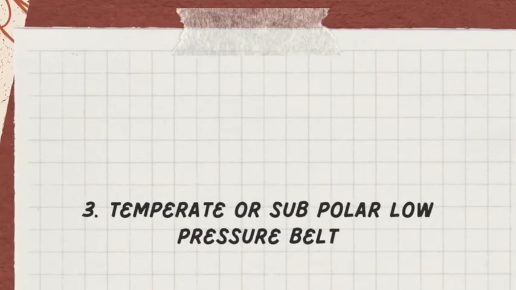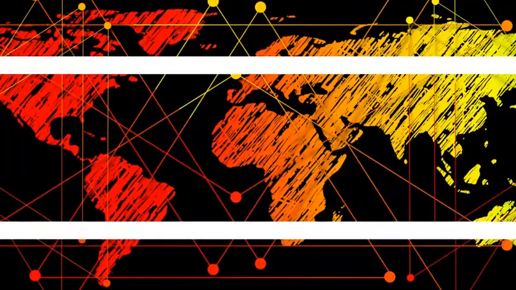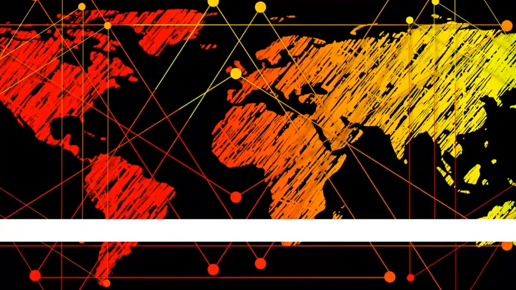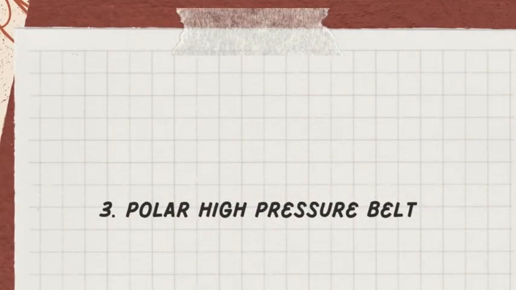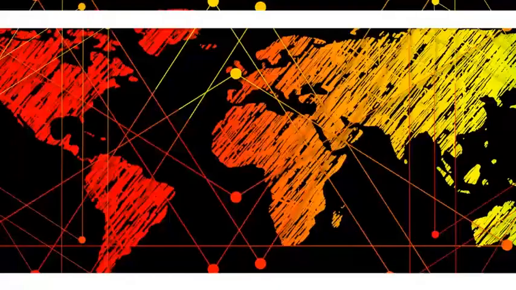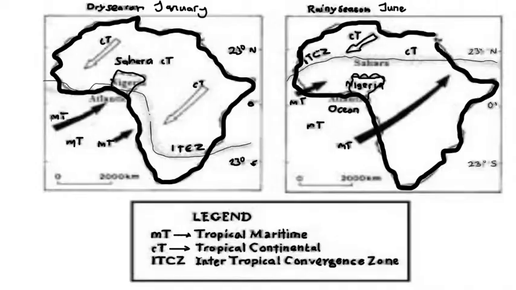Then 60 degrees and beyond in both hemispheres, we have the 2 temperate low pressure belts or subpolar low pressure belts. At the extreme parts of the world, within the Arctic and the Antarctica, we have the polar high pressure belts.